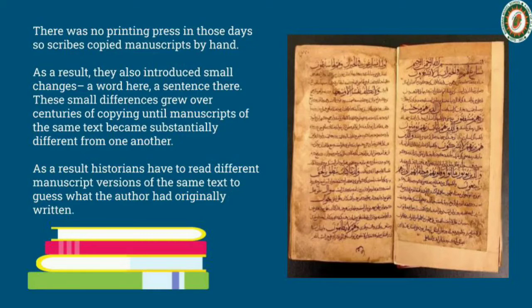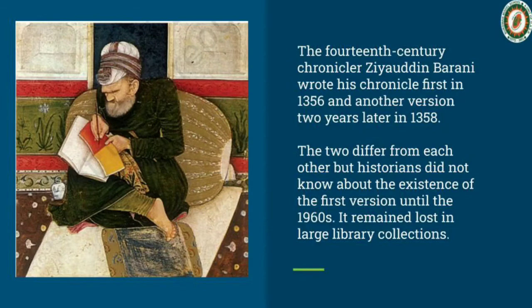Another example is given in your book. Look at the last slide: the 14th century chronicler Ziauddin Barani wrote his chronicle first in 1356 and another version two years later in 1358, and the two chronicles are different from each other.